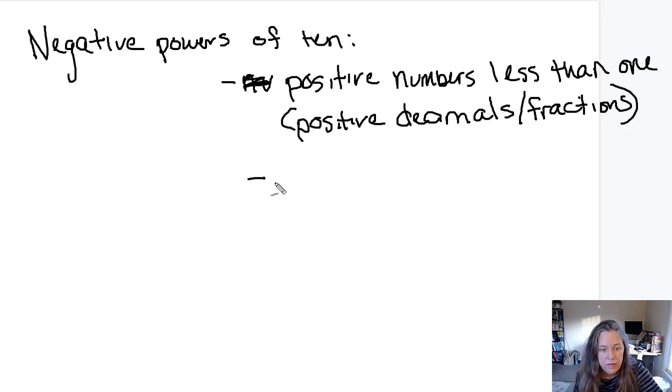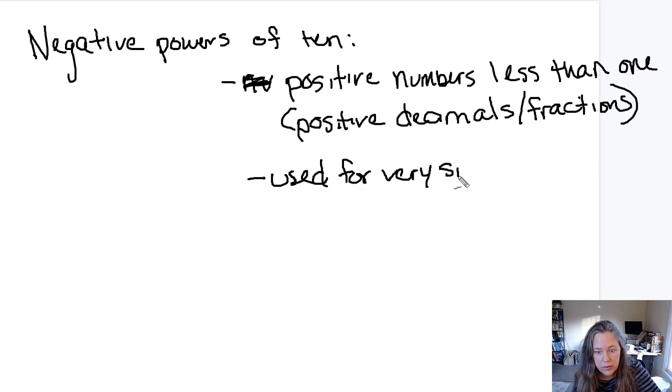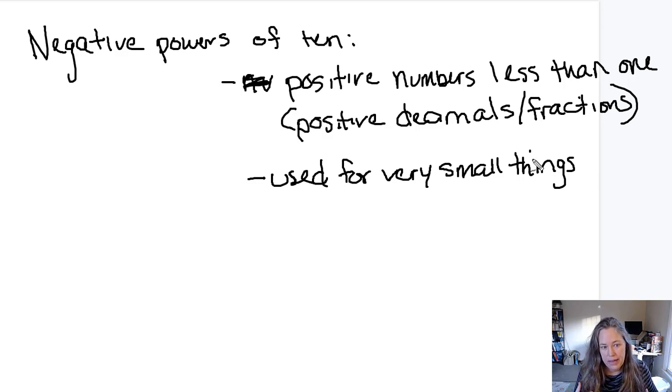Okay, used for very little numbers, very small things. Sizes of atoms, sizes of DNA, things that you can see in a microscope. Negative powers of 10 are used for very small things.